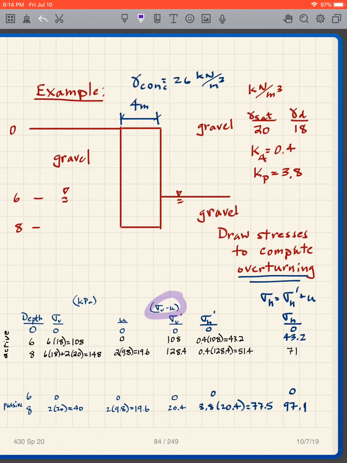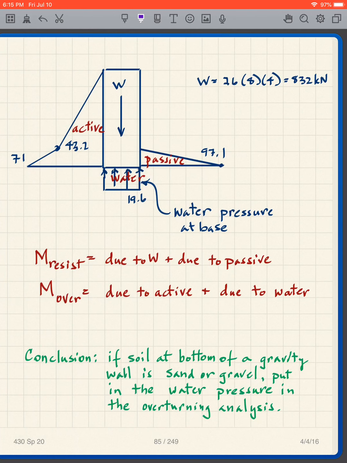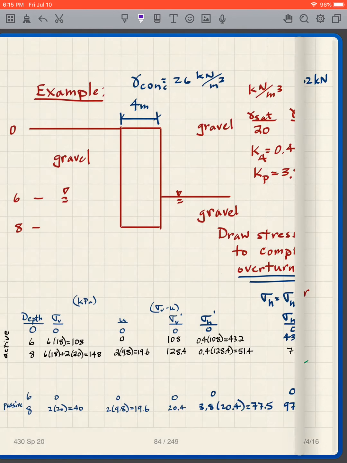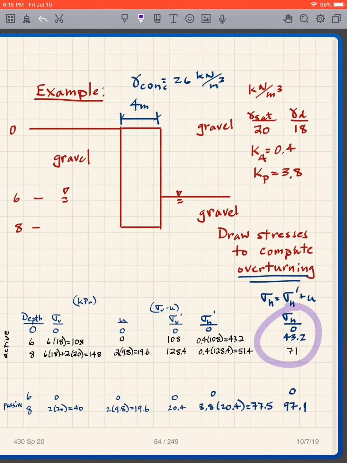And then again, this is the active, this is the passive. They're two different. And then for sigma H prime, I go Ka sigma V prime. Over here, I go Kp sigma V prime. And then at the end, sigma H is sigma H prime plus U. And then we plot those results. So in other words, we plot the sigma H here.